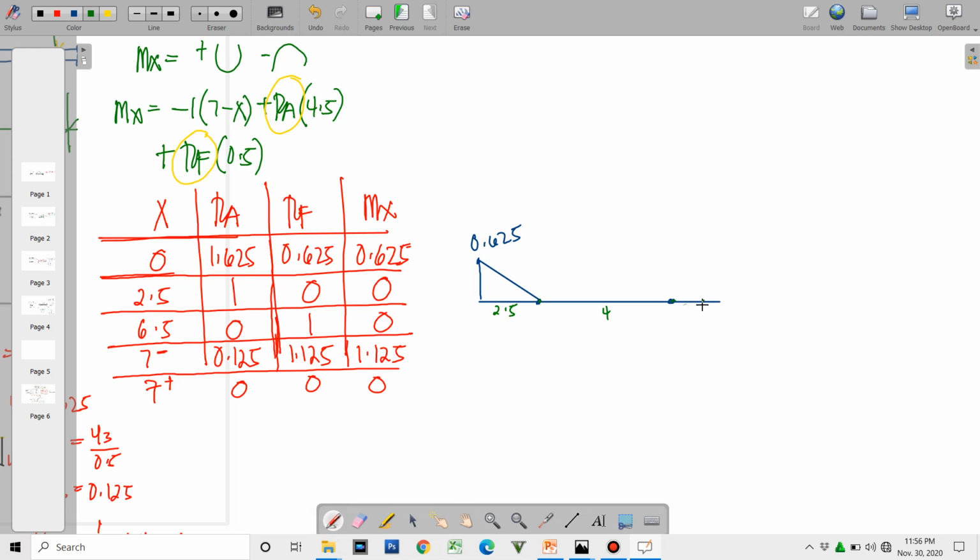So we're gonna measure here, see, this is 0.5, so it will have a value of 1.125.